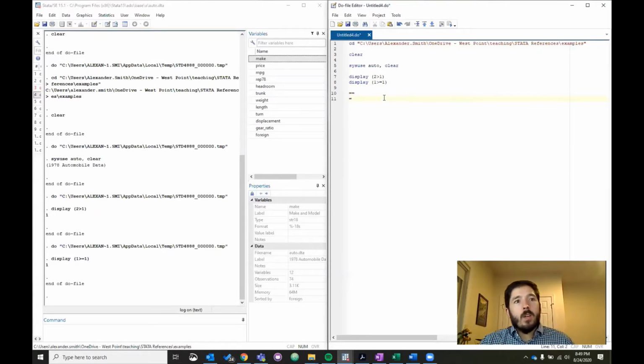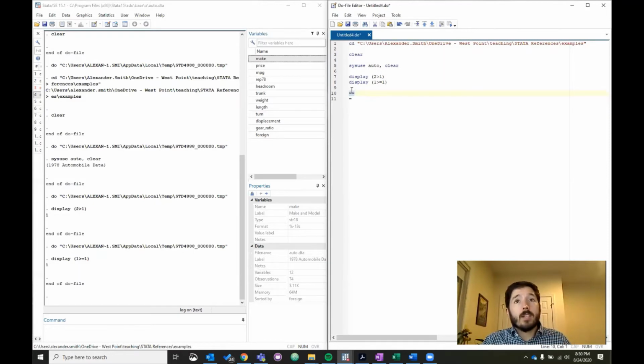Whereas typically we think of there as just being one equal sign, the way STATA interprets the things you tell it, these mean two different things. The double equal sign is a way of telling STATA, tell me whether this thing over here equals this thing over here. Is this the same as that? That's the double equal sign.